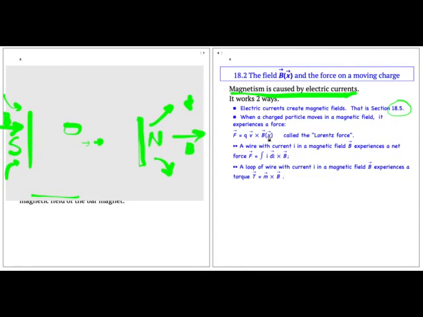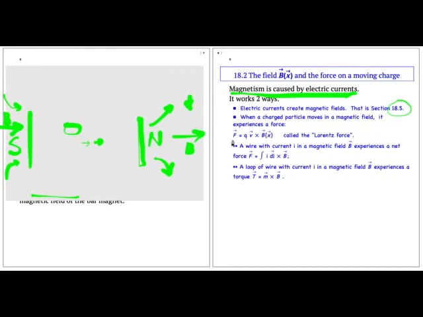X is the position of the particle. V is the velocity of the particle. The charged particle moves in the magnetic field, and it experiences a force. The charge of the particle times V cross B, velocity cross field.